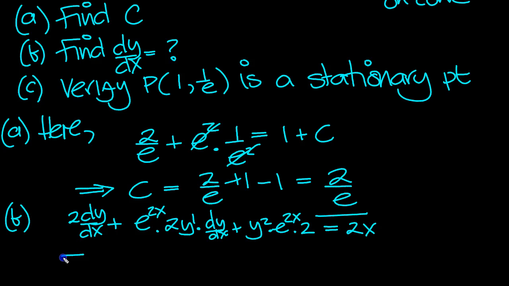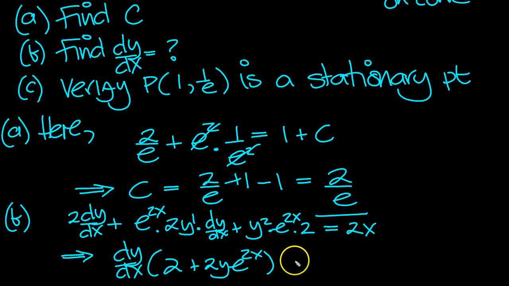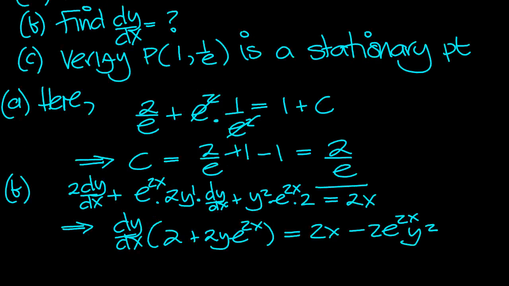So what have we got then? We've got a dy/dx. Take that outside of a bracket. It's going to be 2 plus this stuff here, so it's 2y e to the 2x, close bracket, is equal to, leave that as is, and move this over to be with it, minus 2 e to the 2x y squared. Cancel by 2 all the way through.